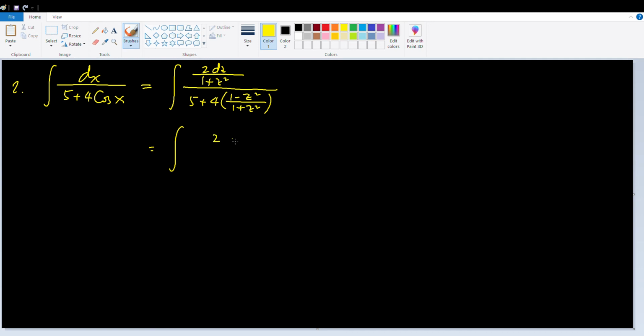That is 2dz over 1 plus z squared, and the denominator will combine into 5 times 1 plus z squared plus 4 times 1 minus z squared all over 1 plus z squared.